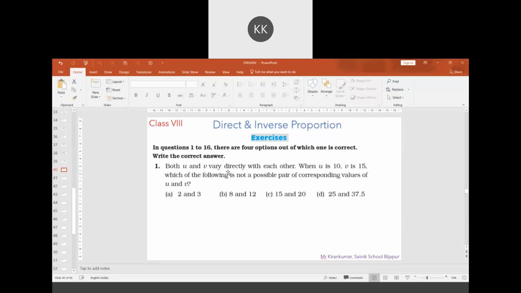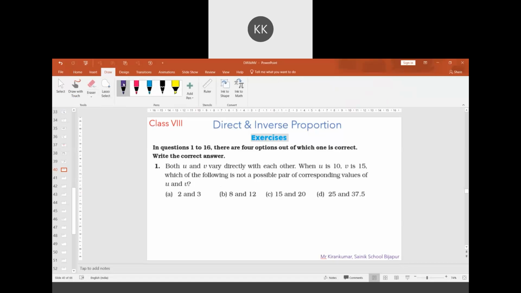Both u and v vary directly with each other. It means it's a direct proportion. When u is 10, v is 15, which of the following is not a possible pair of corresponding values of u and v? Did you understand the question?